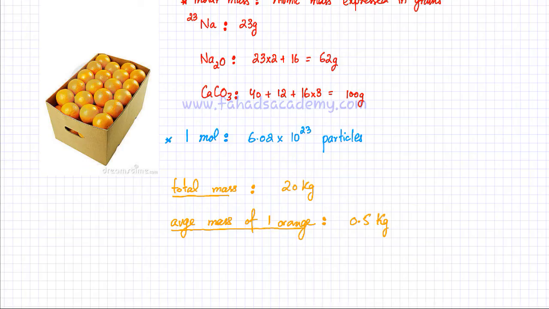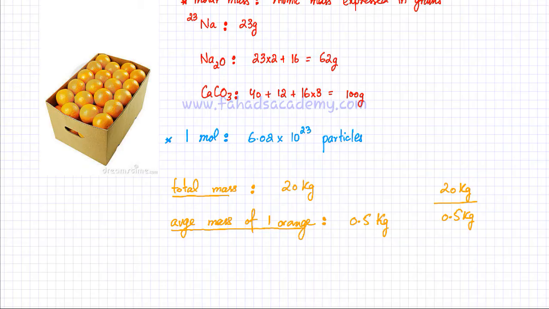Now, by simply using masses, I can count the total number of oranges in this particular carton to a very high accuracy. I'm going to take this total mass, which is 20 kg, and divide it by 0.5 kg, which is the average mass of an orange.